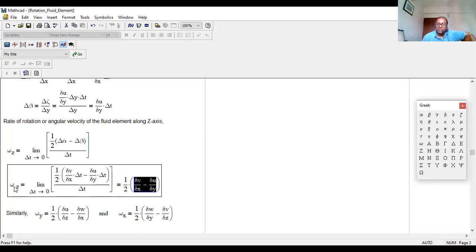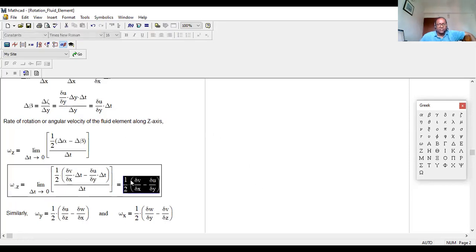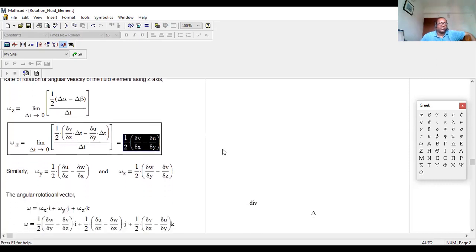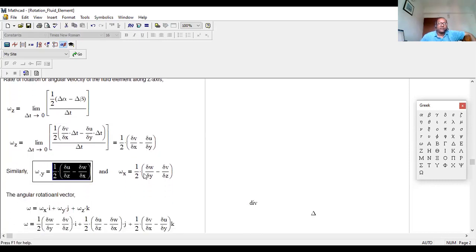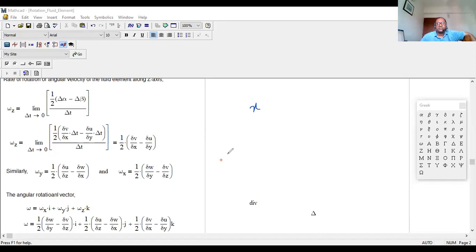Or you can just remember we are taking the average angular rotation. So this is the rotation along the z-axis. Similarly, this is the rotation along the y-axis, and this one along the x-axis. And for the z-axis, how will we figure it out? If you write x, y, z over here, you get the rotation.